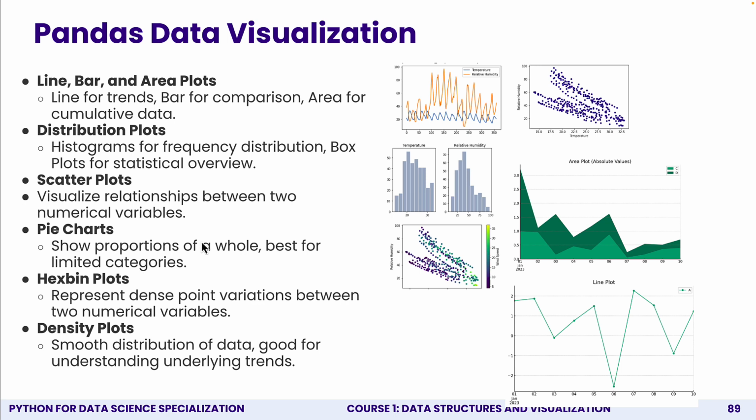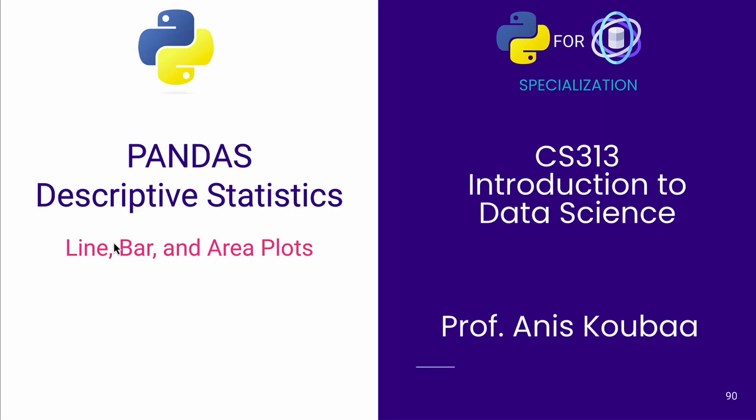There are also scatter plots, like these figures that show the scattering points for the X and Y axes. The pie charts, the hexbin plots, and the density plots. We're going to talk about each one of these categories. So let's start with the simplest: the line, bar, and area plots.